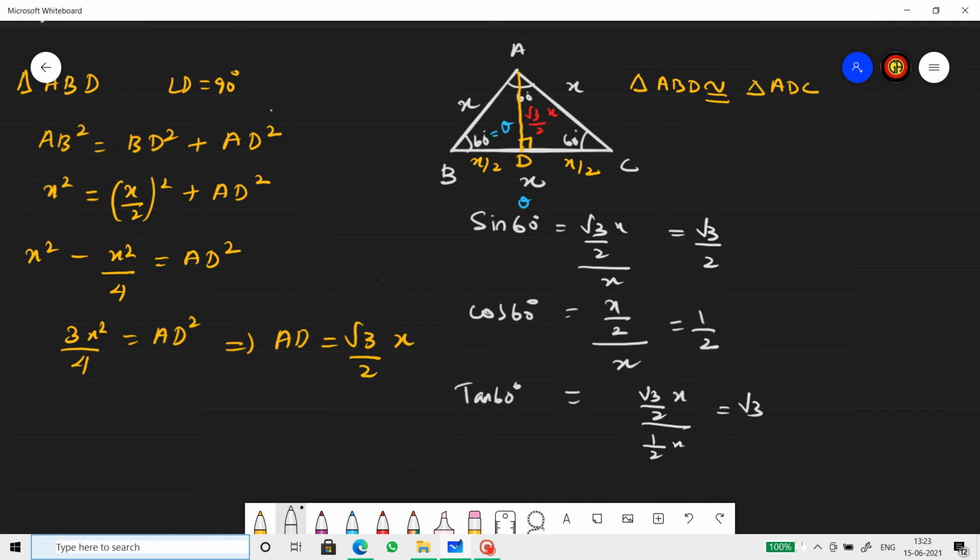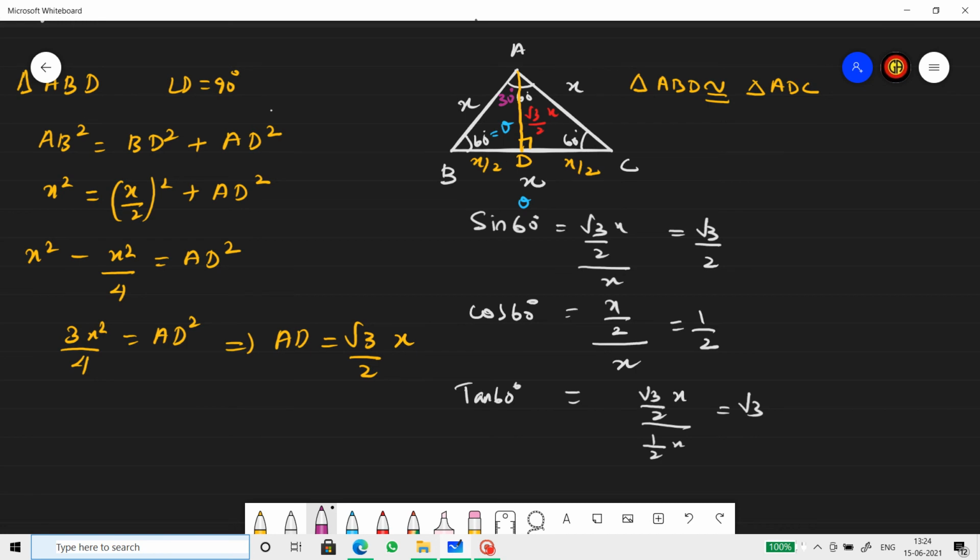Now the 30. Alright, tell me one thing. In triangle ABD, if angle B is 60 and angle D is 90, what is angle BAD? Using angle sum property, we find angle BAD as 30 degree. Isn't it? Yes.